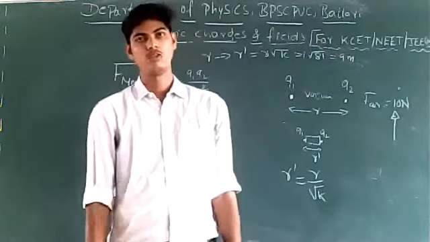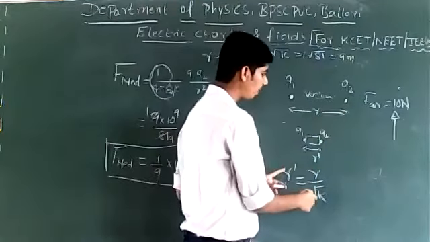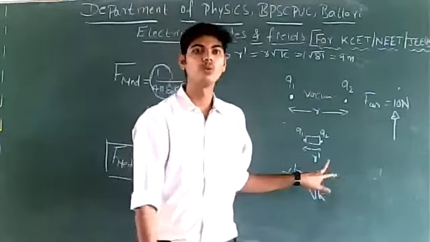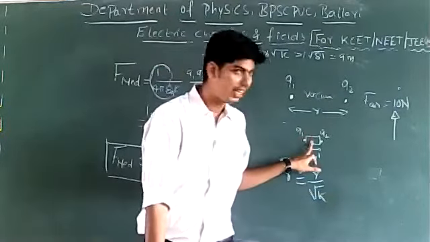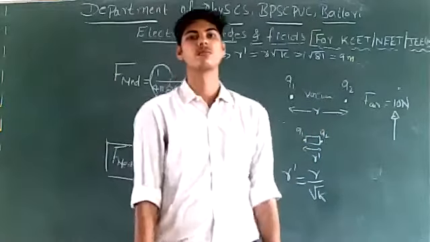Right? When the distance between the 2 point charges is decreased by a factor root k, you can find that the force between 2 point charges in the presence of medium will be the same as that in the presence of air or vacuum.